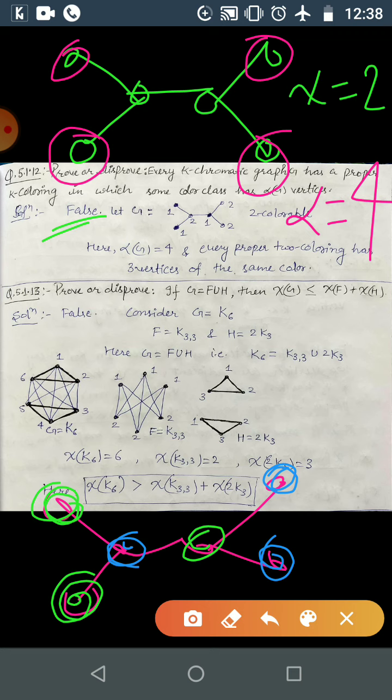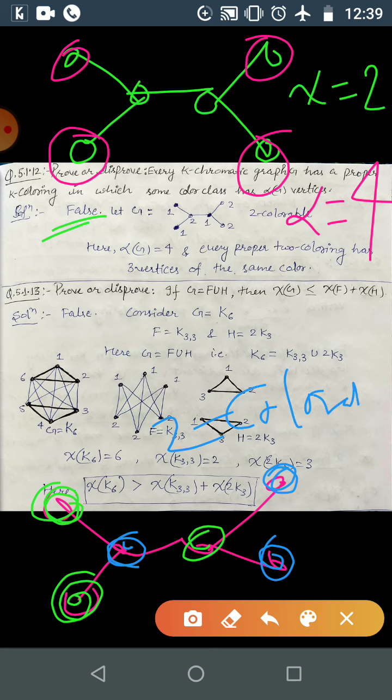Also this is not adjacent with the blue one. So this is a two-colorable graph, and the chromatic number is 2, so obviously it will be two-colorable, correct?